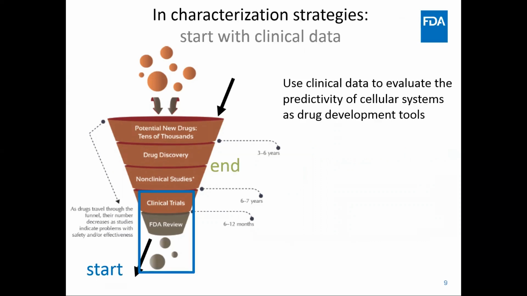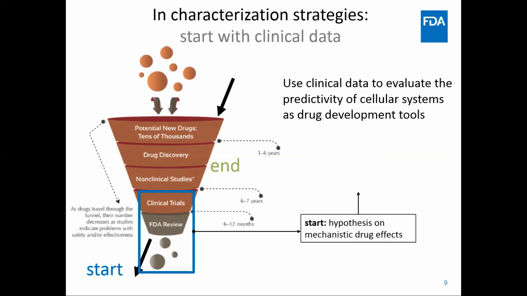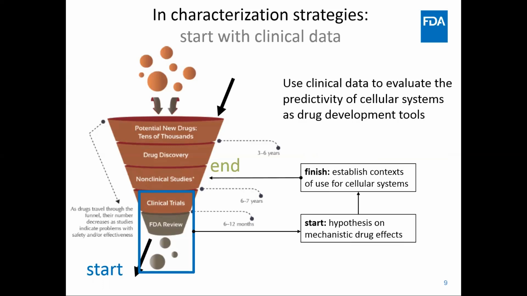However, for characterizing these systems, it's very important to start with clinical data, mainly because we do not believe that these systems are ready now to be used without a preliminary characterization of their context of use. For this purpose, it's important to start with a hypothesis on mechanistic drug effects based on clinical data, and with this clinical data of specific compounds or drugs, establish context of use for cellular systems.